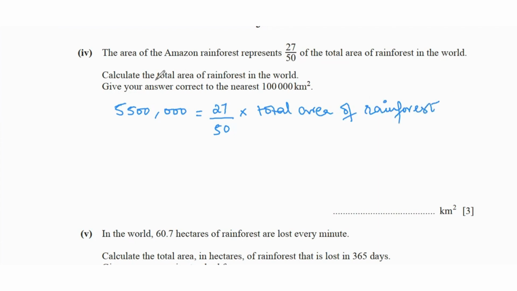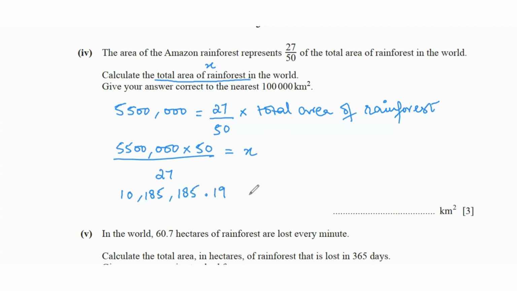So let's call this X. So X would be 5,500,000 times 50 divided by 27. So when we solve that, that gives us 10,185,185.19 kilometers square.